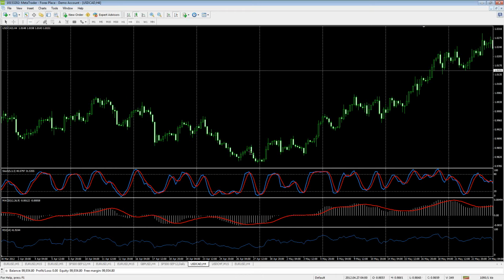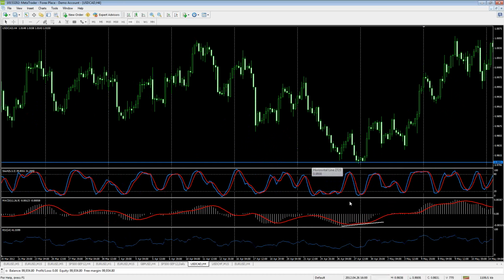So let's see, for example, here. Okay, we have another double bottom here. We can see the divergence, especially on the MACD. But what you can also see here is that, again, it's not very clear, but although we have lower lows here, the MACD almost doesn't get any lower.